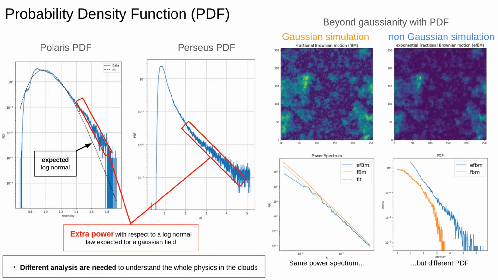For example, if you simulate from the same random amplitude a Gaussian field and a non-Gaussian field, they would have the same power spectrum. However, they will have totally different PDFs. And this extra power actually helps you understand the star formation within the molecular clouds. So that's our results for the first week.